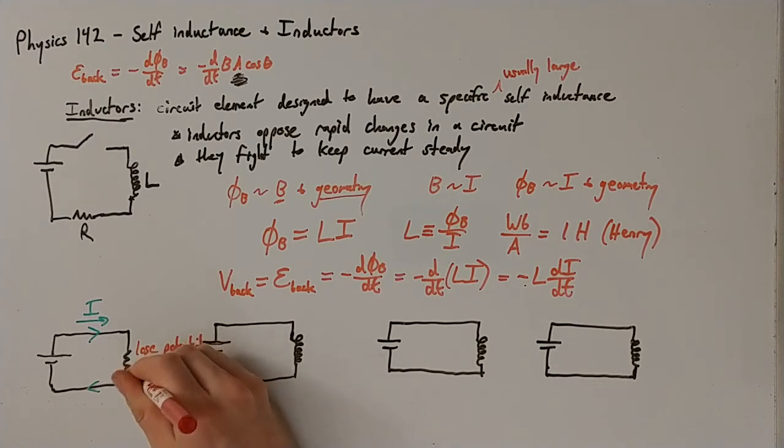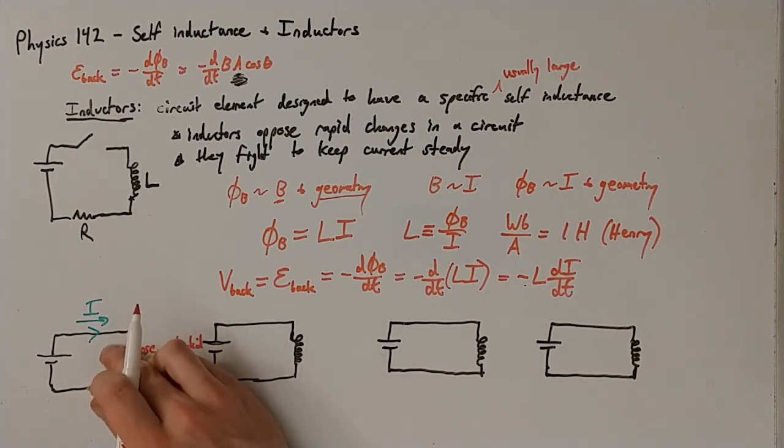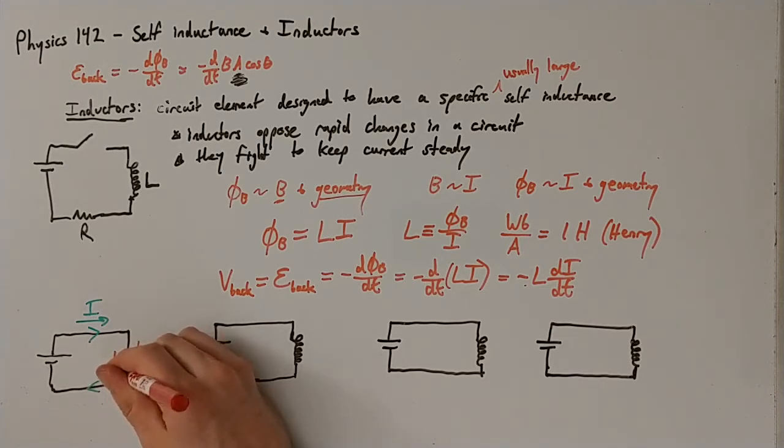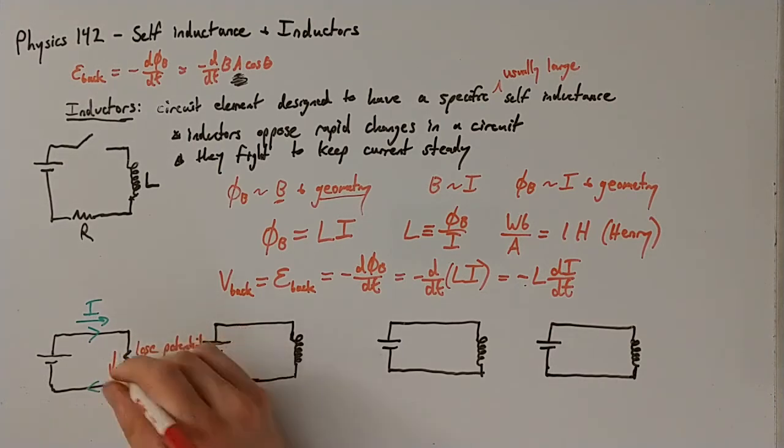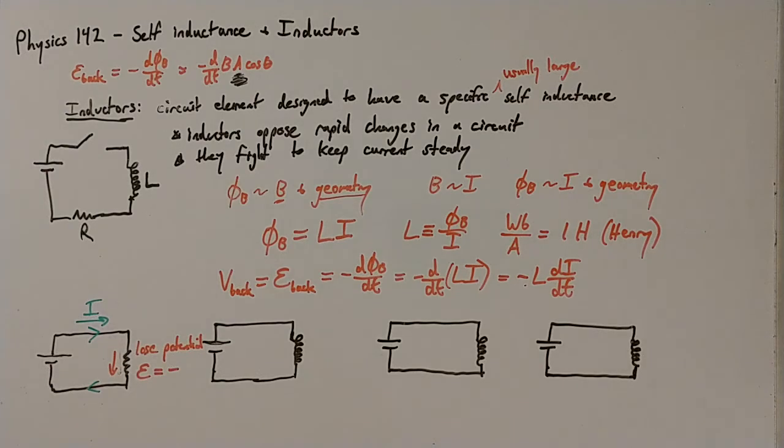That means your EMF, you would say, as you went across the resistor went down. It was negative. You lost EMF as you went across the resistor. So we know that's the case: resistors take away your potential.